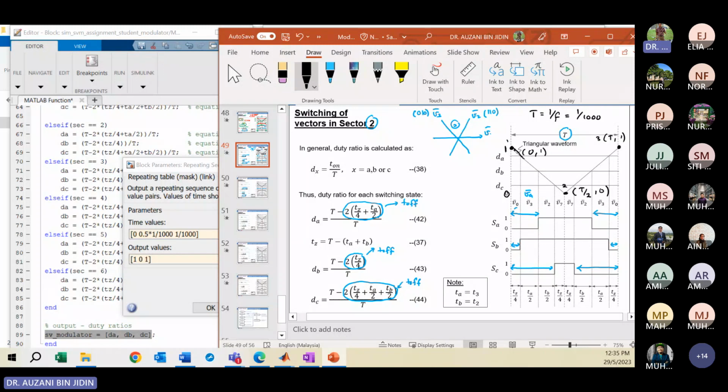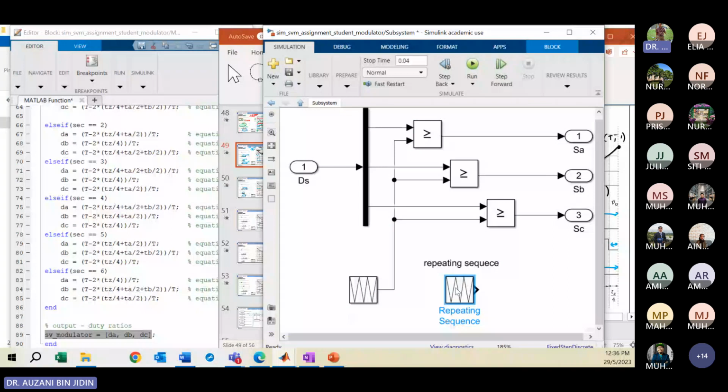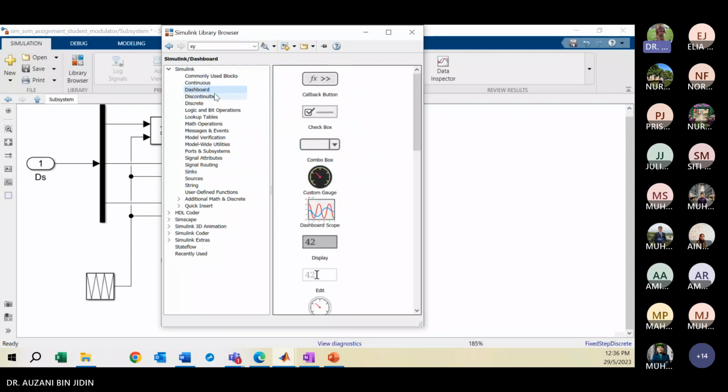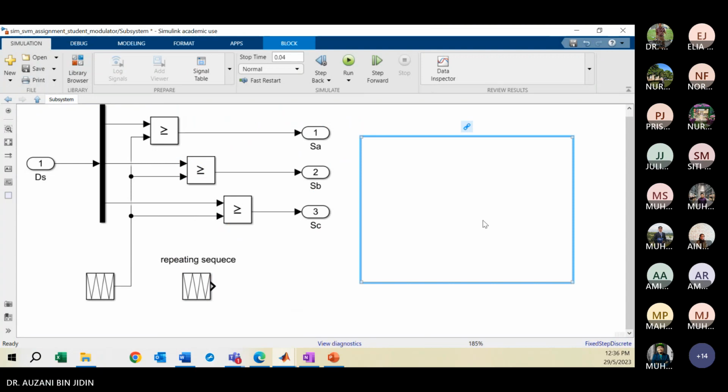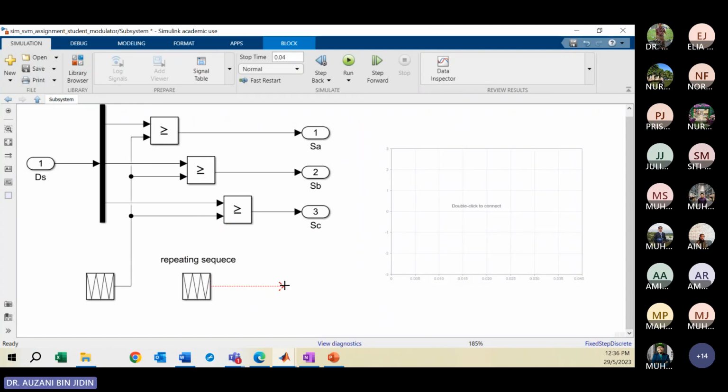Then you can run to verify the design. Okay, it's locked. So maybe we can verify using the dashboard scope. Maybe I can show you how to connect.